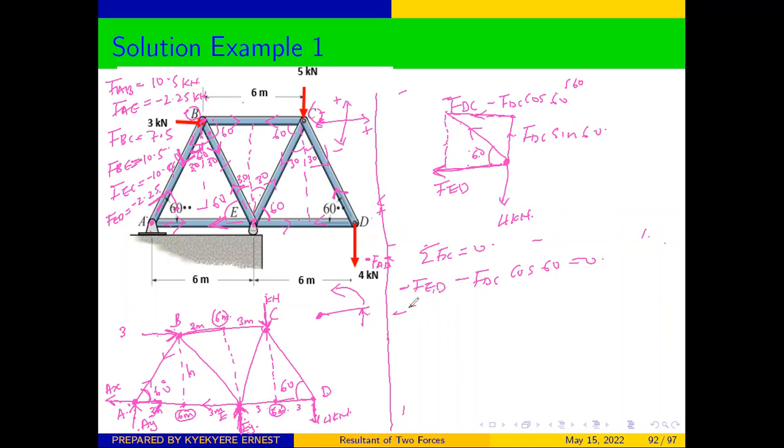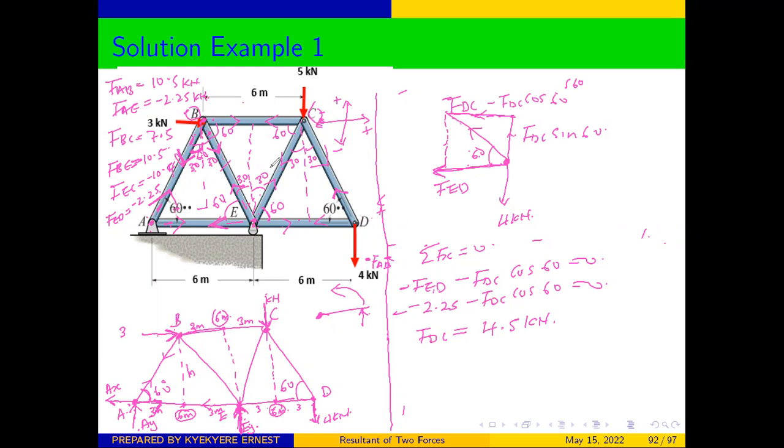So therefore, negative 2.25 minus FDC cos 60 is equal to 0. And from there, when you simplify, our FDC will be equal to 4.5 kilonewtons. And we have already calculated FDC.